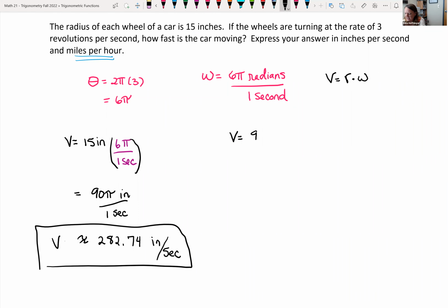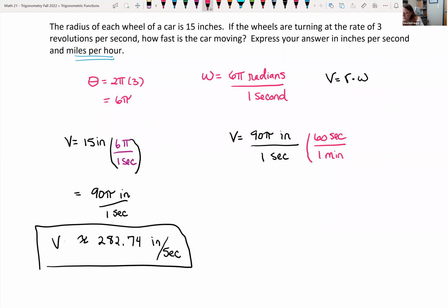So right now we have 90 pi inches all over 1 second. Maybe we want it in terms of hours, so we want to convert seconds into hours. We know there's 60 seconds in 1 minute.